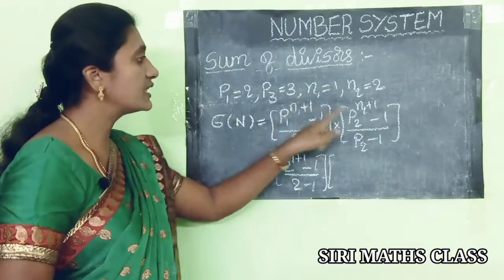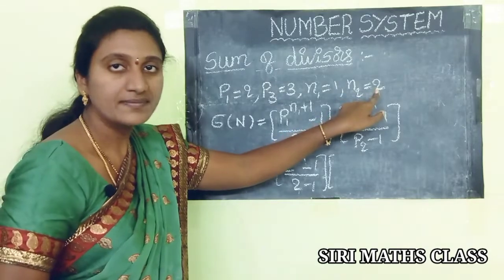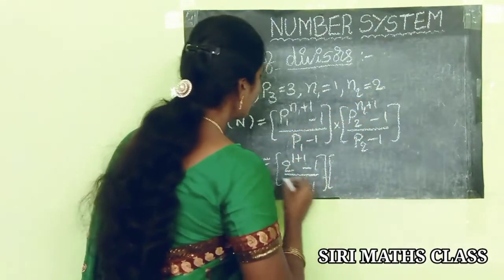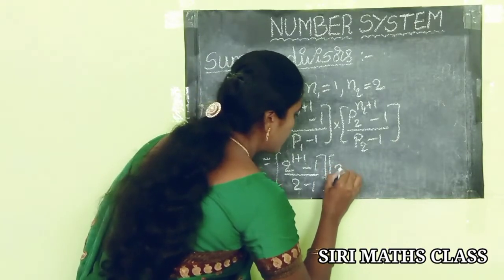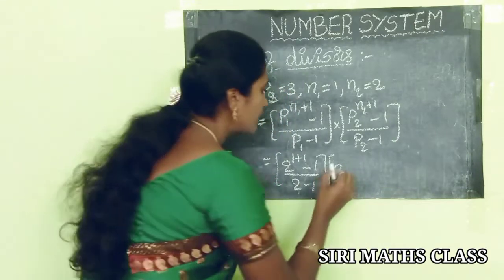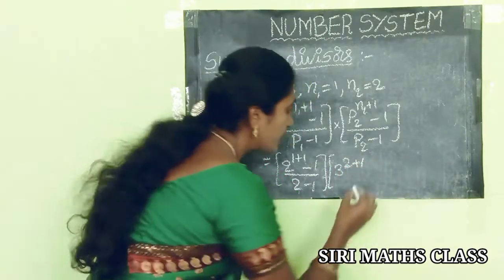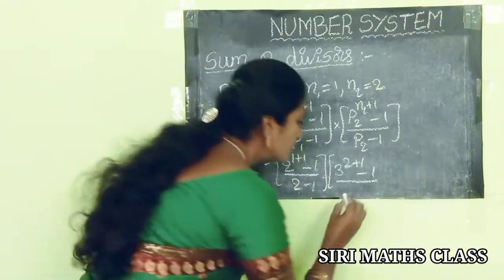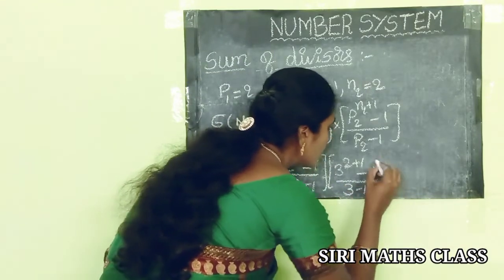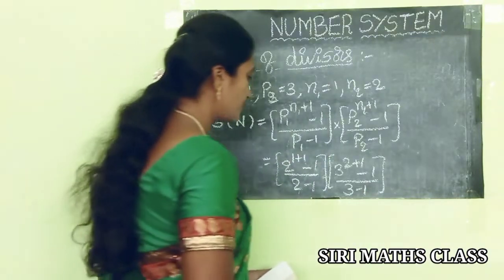P2 value is 3 and n2 value is 2. So now we can substitute: 3 to the power of (2 plus 1), minus 1, by the P2 value, 3, so 3 minus 1. Now here we can simplify.